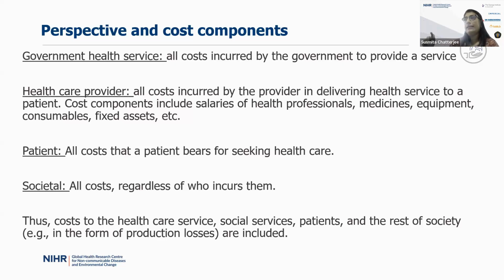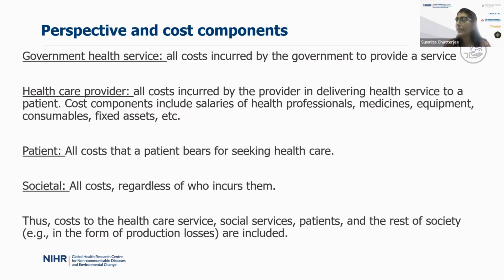IEC and planning were done at the central level. Vaccines were transported from the central to state to district to the ground level. So I'm considering every layer of it. That's the government perspective. That's broader.